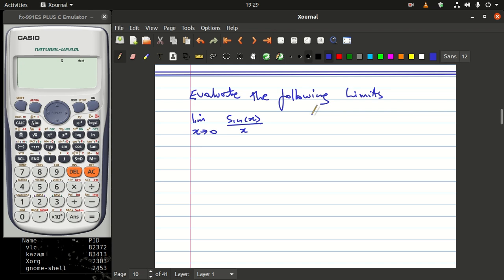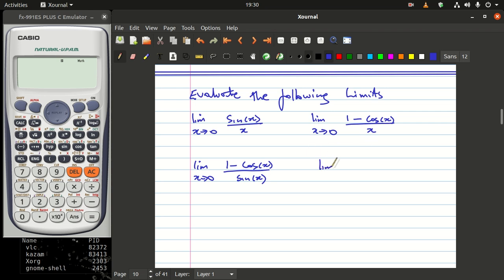The second one is I want you to find the limit as x approaches 0 of 1 minus cosine of x divided by x. And then I want the third one to be the limit as x approaches 0 of 1 minus cosine of x divided by sine of x. I want you to evaluate that.